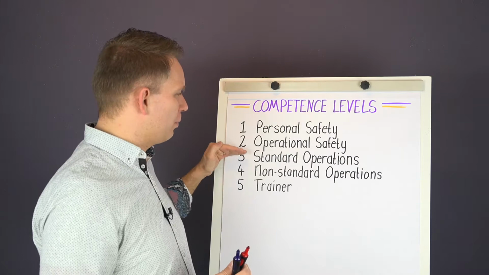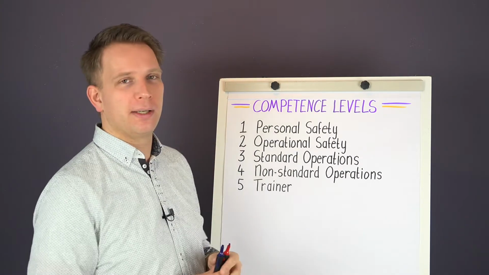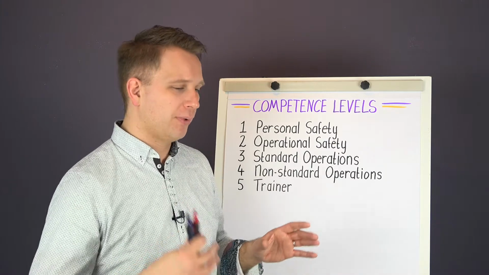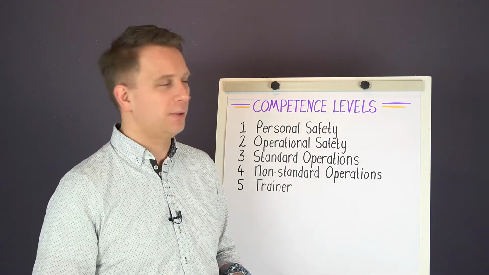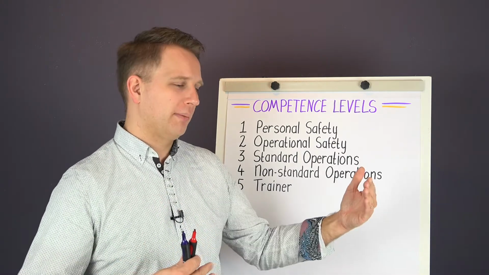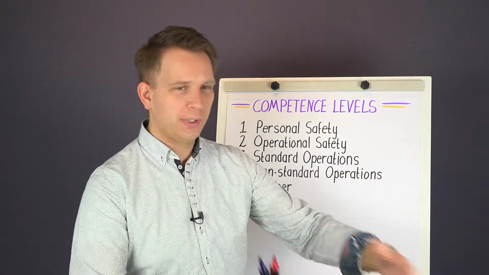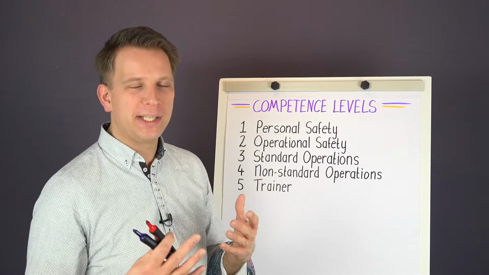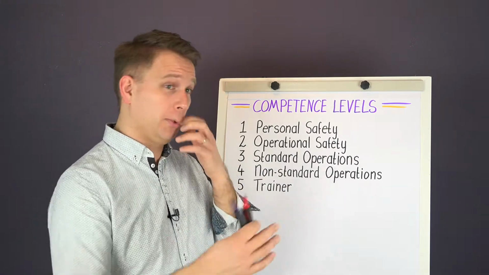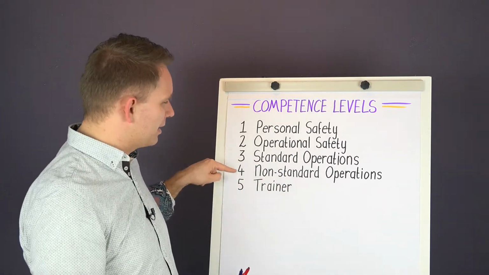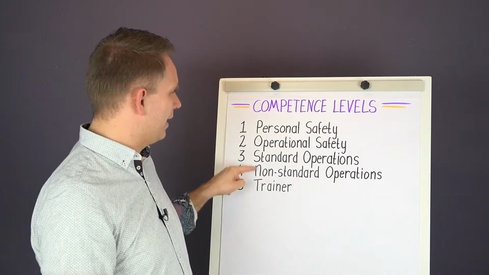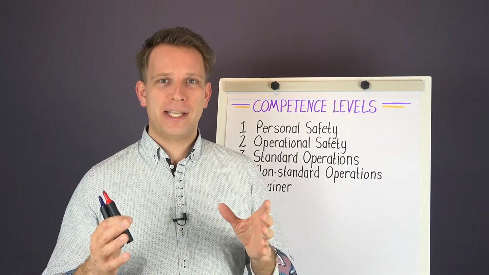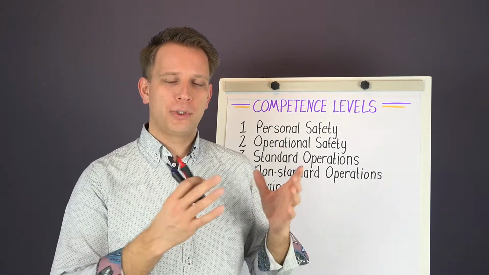So this is someone who can fully operate the line under basic conditions, but as soon as you've got new products or just strange things happening, or one breakdown led into another, and your whole line is just a mess, okay, then you need someone who really knows the line, and probably a mechanic as well. But someone who really knows the line, that is a competence level 4. So they can understand how to solve things.